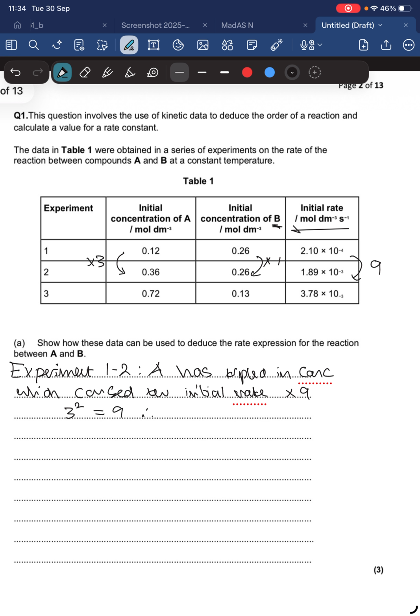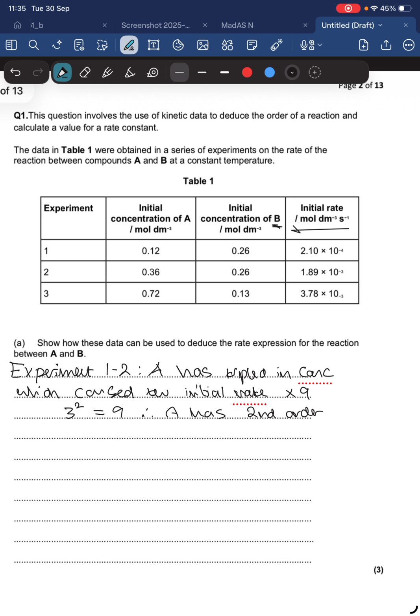So therefore, A has second order. And now we look for B. We found out what A is, right? We found one change, and this caused the initial rate to change. So we know that A is second order, so we can remove all that data. And now we look at what the order of B is.